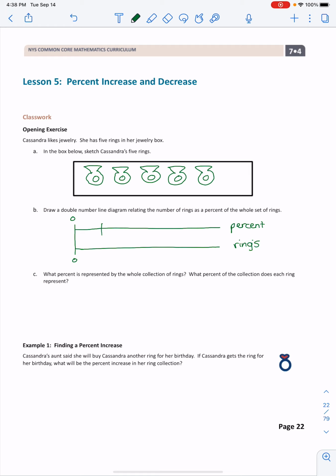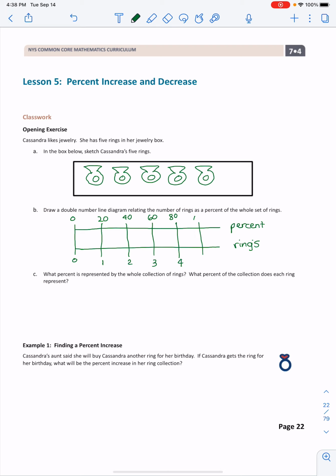So the first one is going to be 20% is 1 ring. Next is 40% and 2 rings. Then 60% and 3 rings. 80% and 4 rings.